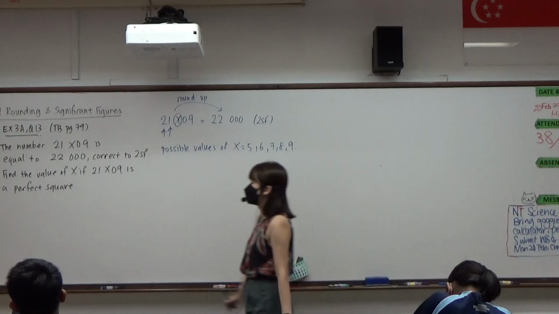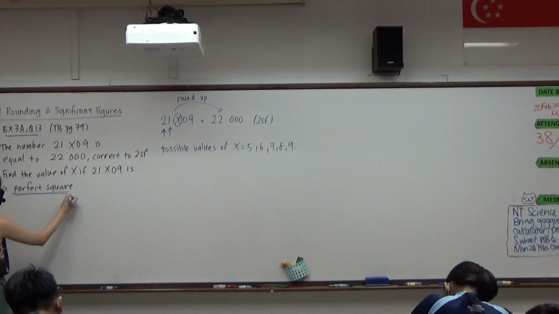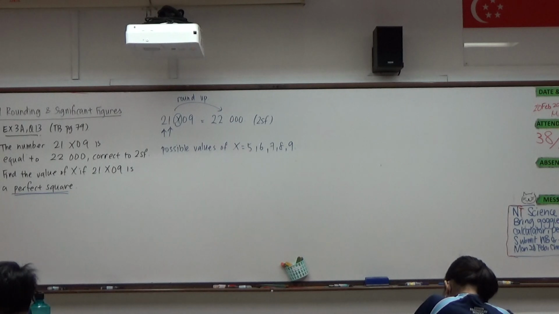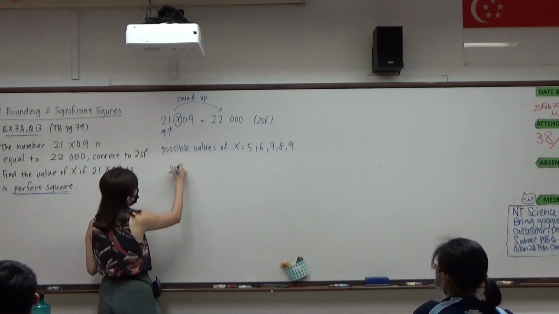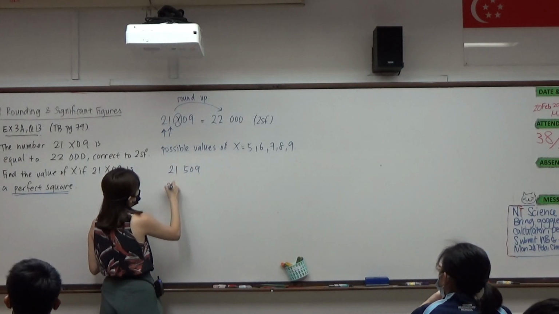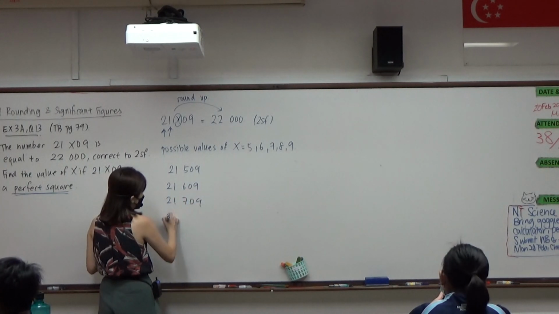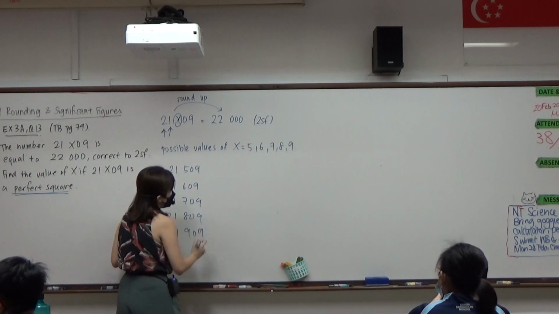Okay, so we recognize what are the possible values of x already. But then the question actually has another condition. It says that my number 21x09 must be a perfect square. Okay? So that means that with these digits, I'm looking at either 21509, 21609, 21709, 21809, 21909.